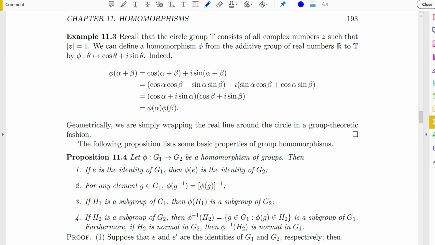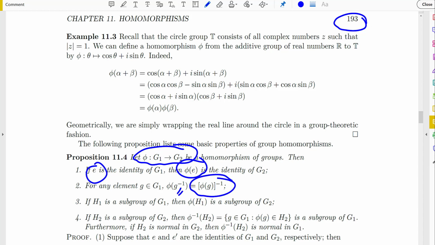So here on page 193, you can see that if I have a group homomorphism, then identity is carried to identity, inverse is carried to inverse, a subgroup is carried to a subgroup, and at the same time, a subgroup of G2 is pulled back into a subgroup of G1, all right?